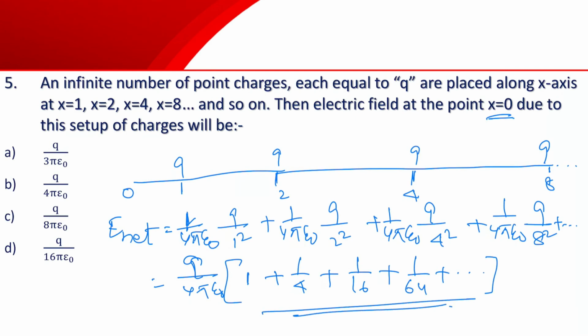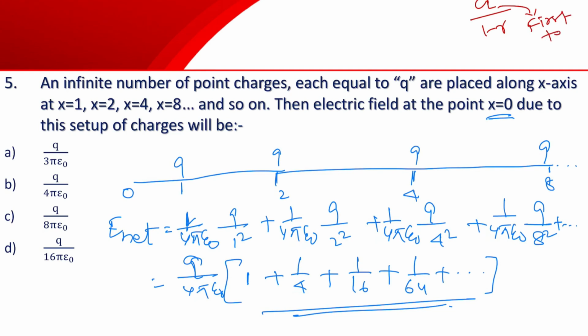Now we have to solve this. This is a question of sequence and series from the math side, and for that I am giving you the formula: a by 1 minus r.